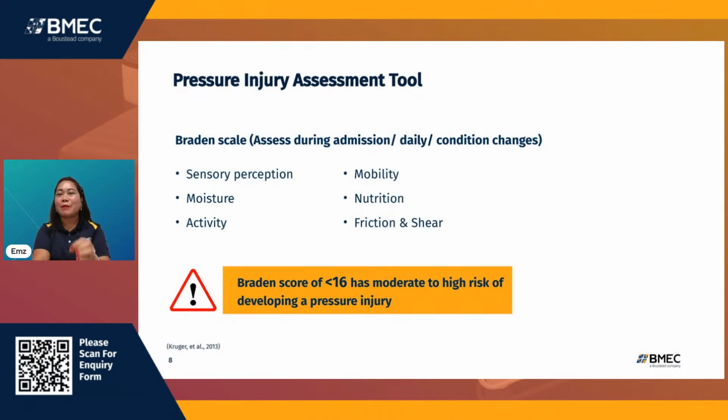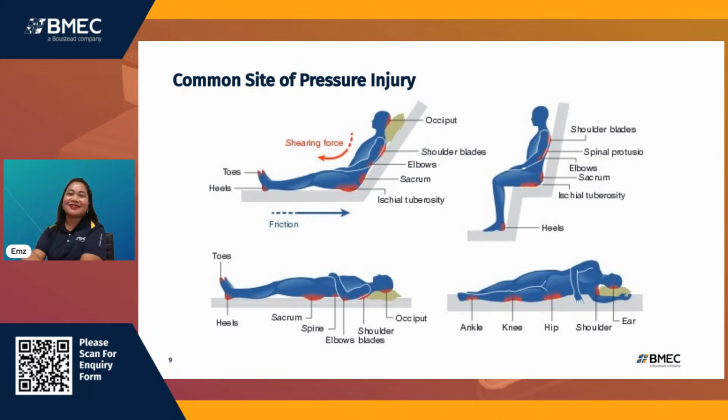When the patient has a Braden score, which is used as an assessment tool, of less than 16, they have a moderate to high risk of developing a pressure ulcer. Okay, remember that Braden scale.